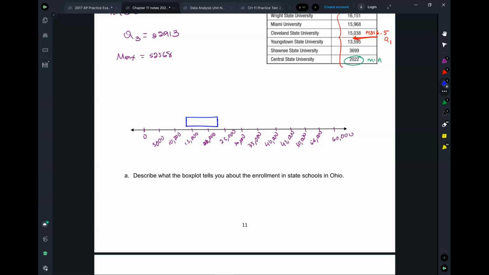The median is at 18,006 right here. And we're going to say this is Q1, median, Q3. Maximum is 52,000 here. Minimum is 2,000 here. Line, line, we're done.